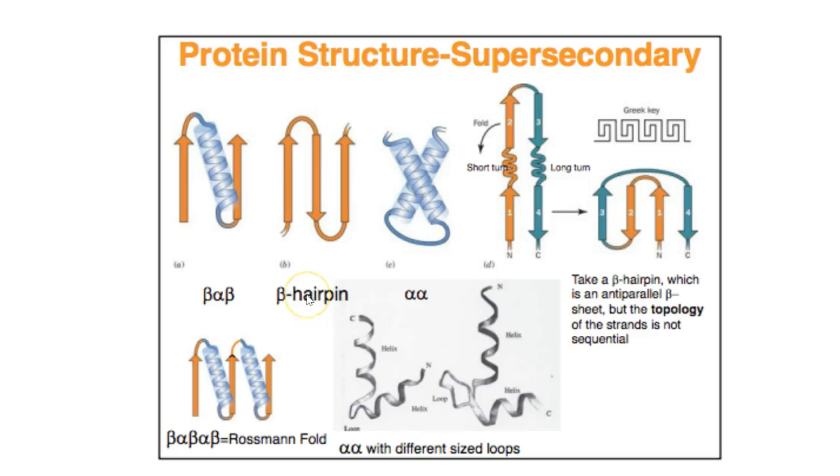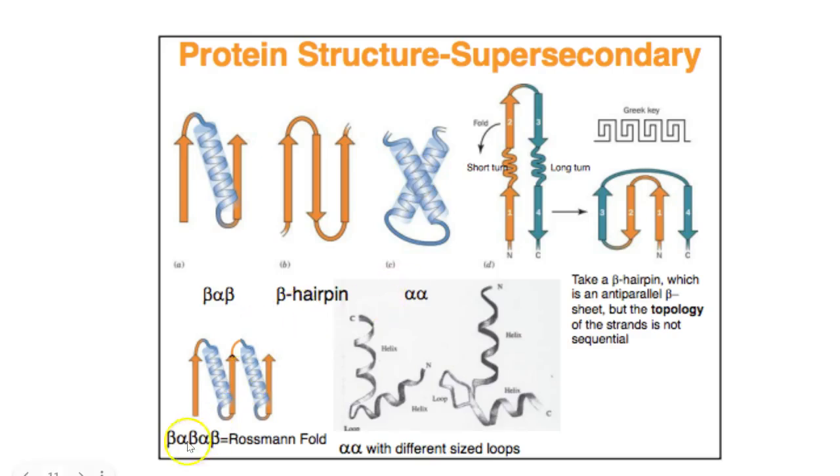That's a beta hairpin. And then you can have two alpha helixes that are connected together. Of course, they can have different sequences of amino acids, which makes them different and thus having that motif or super secondary structure.